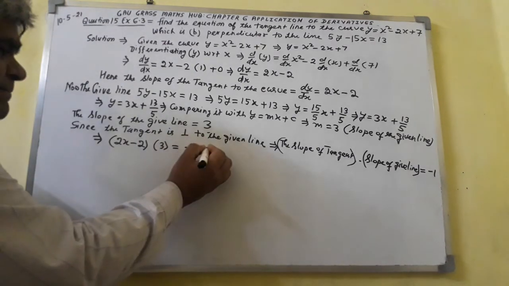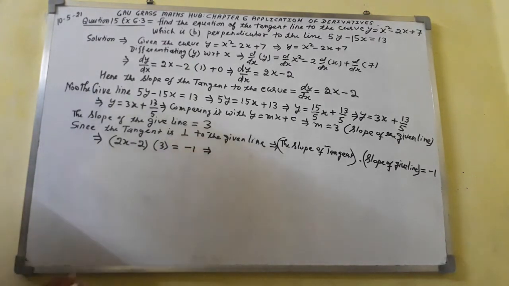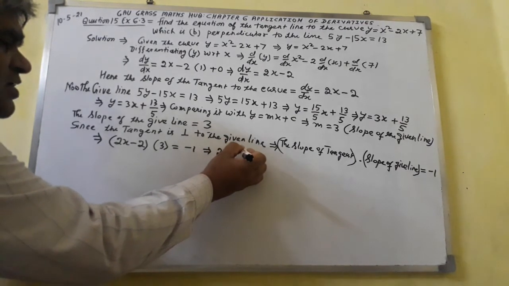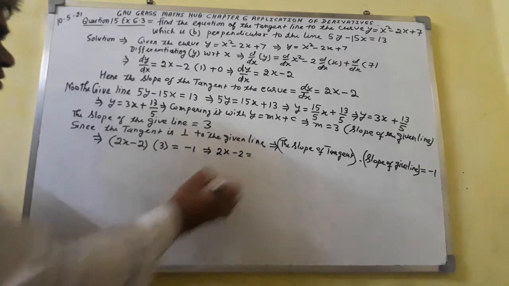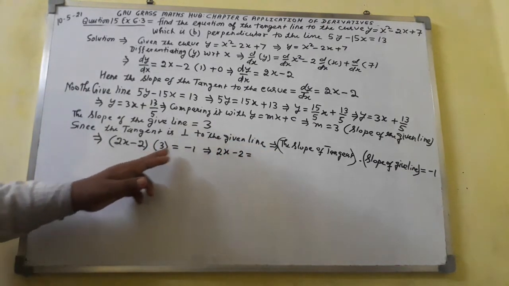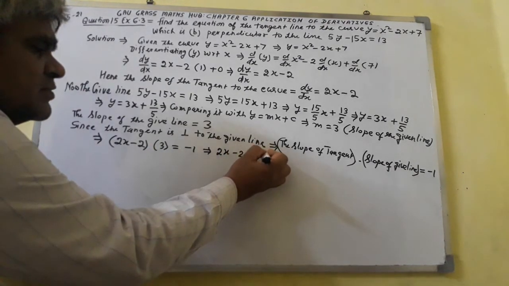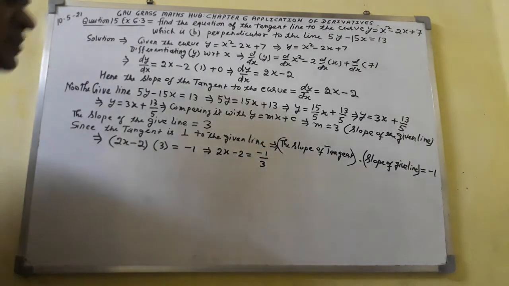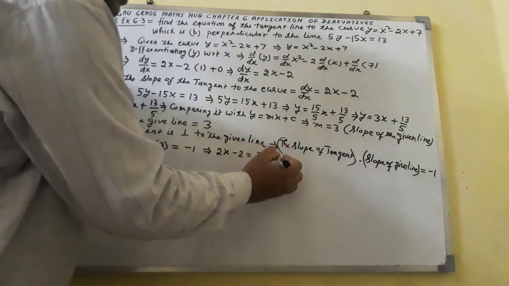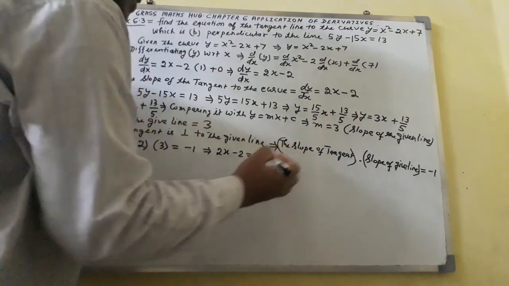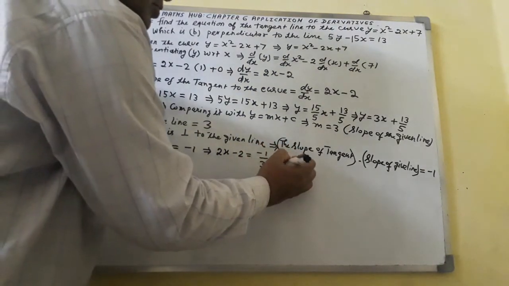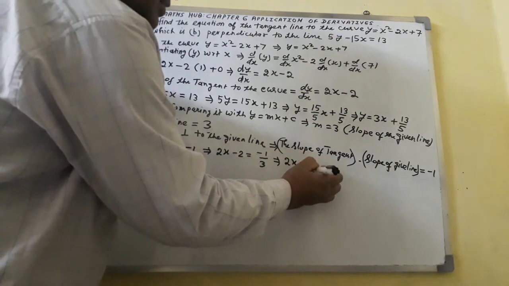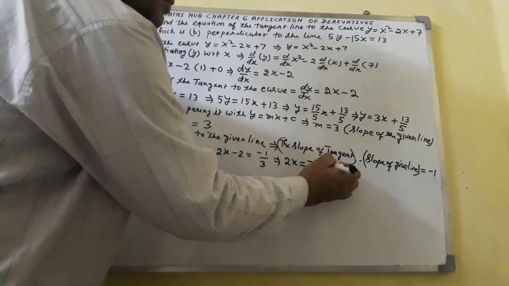Simplify this one. We will get 2x minus 2 comes out to be minus 1 over 3. So here we will get the value of x. 2x is equal to minus 1 over 3 plus 2.